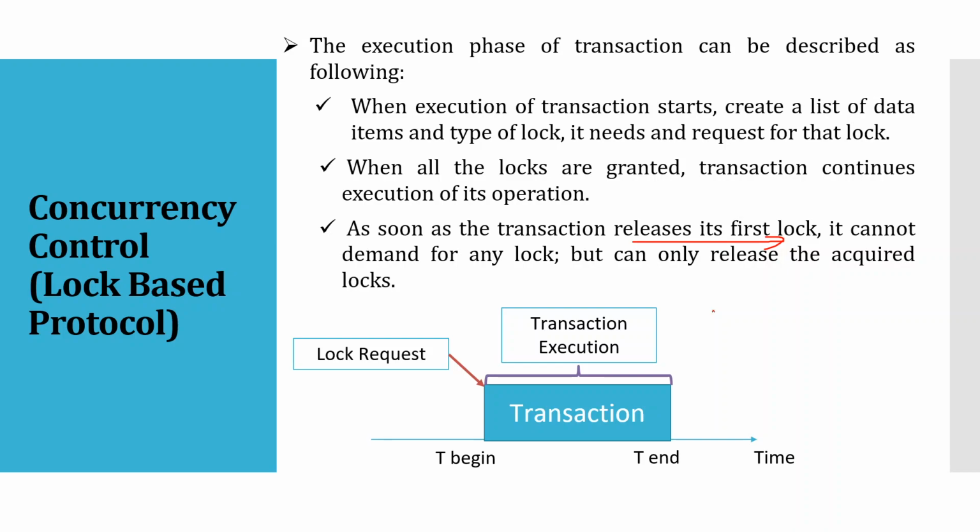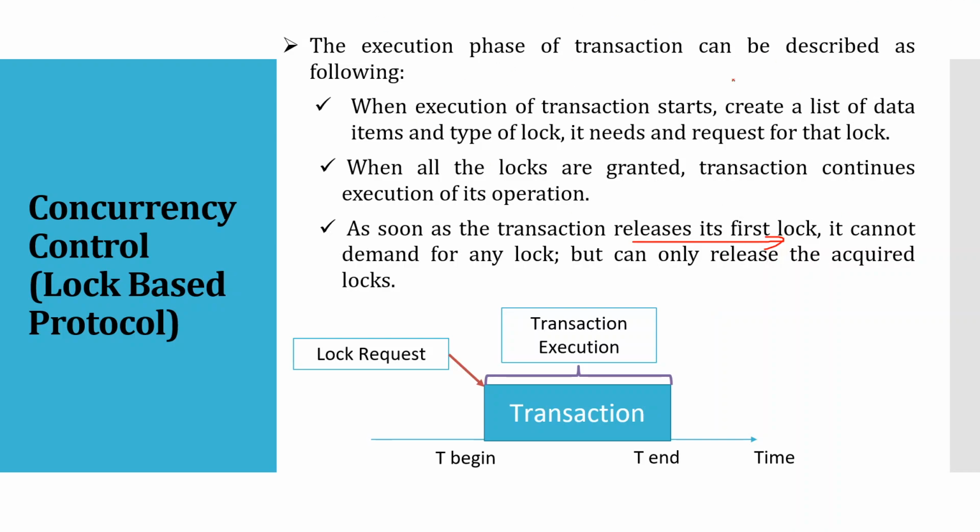This is the rule. In between, or whenever you are releasing the locks, you are not allowed to request any particular locks. You will only be releasing all the types of locks.